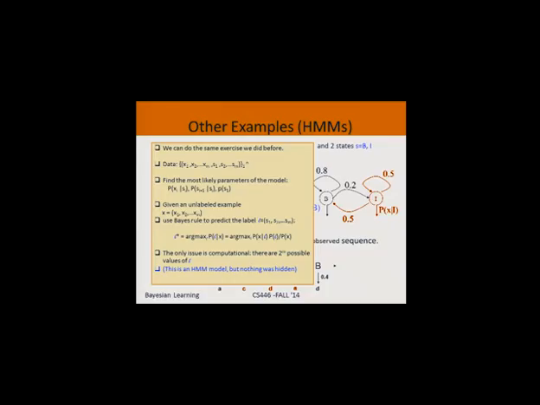And the emission probabilities. What's the probability of emitting one of these characters given that you are in a specific state? In the part-of-speech example, assume that you're in a noun state. What is the probability of emitting the word table, the word carpet, the word board? And all of them have some probability. None of them is 1, because table could be a verb also. But these are the probabilities.